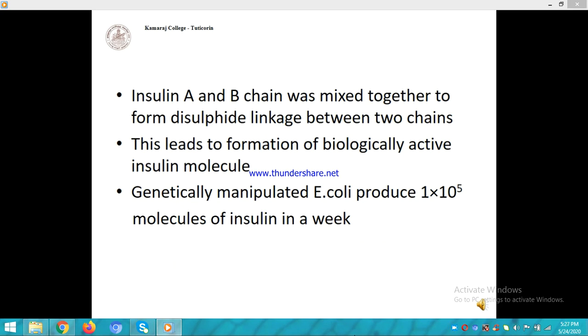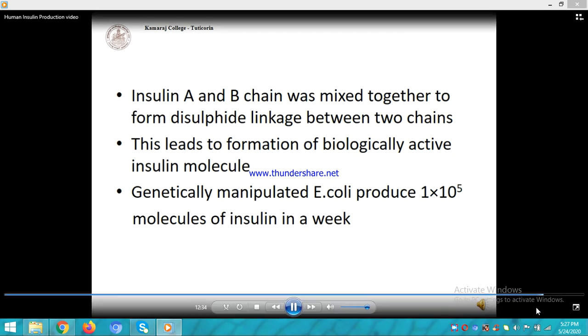The insulin A and B chains are then mixed together to form disulfide linkages, so now we get the biologically active insulin molecule. Insulin produced through this kind of genetically manipulated E. coli can produce nearly 1 times 10 to the power 5 molecules of insulin in a week, which is a very large quantity when compared to the conventional methods.